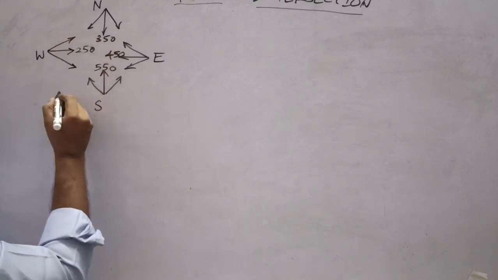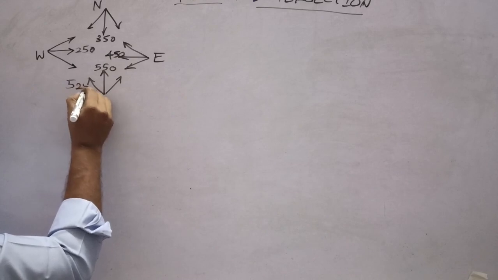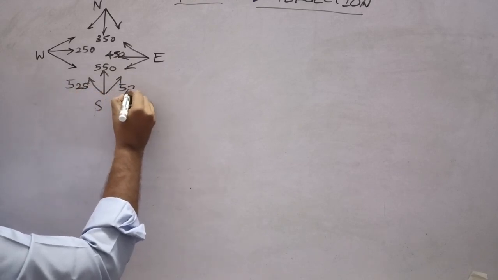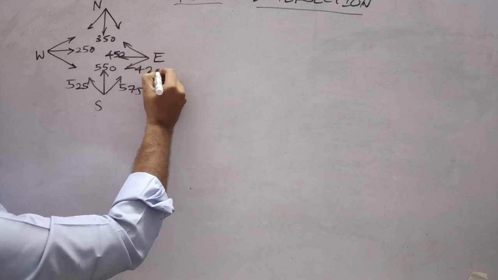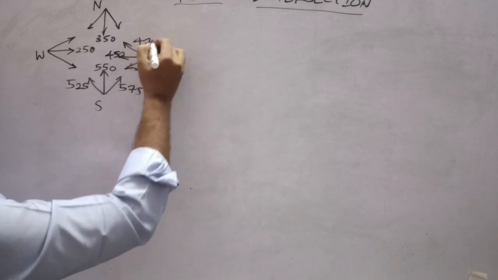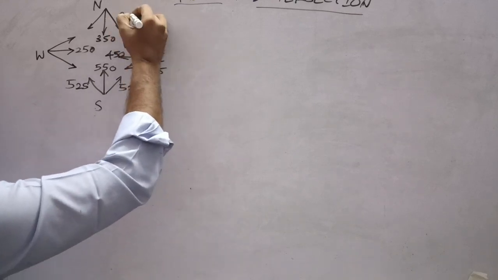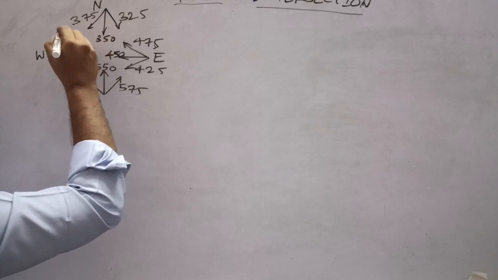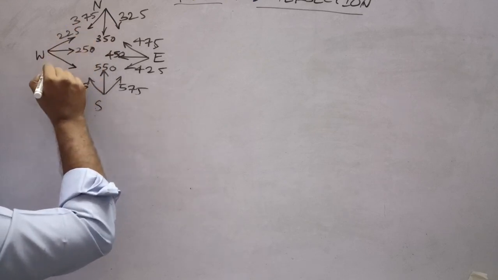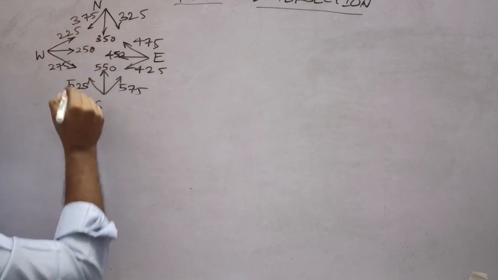So left traffic I will take 25s, 525, here 575. Similarly, 425, 475, 325, 375, 225, 275.